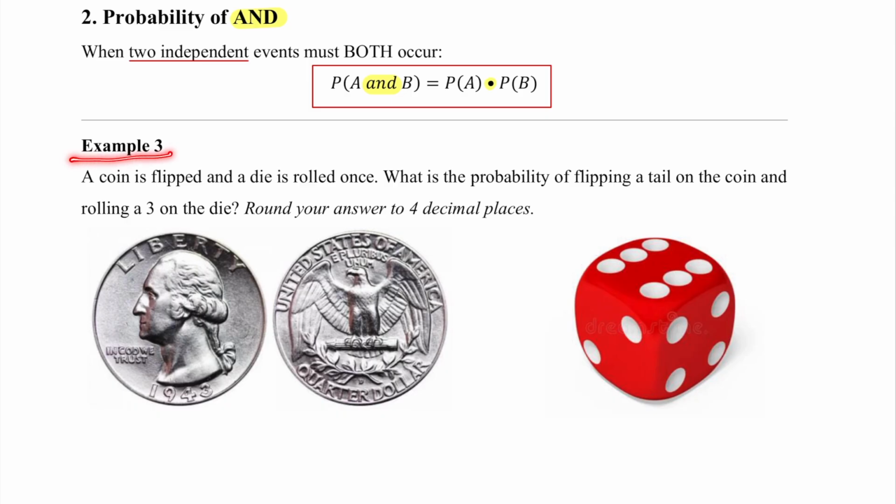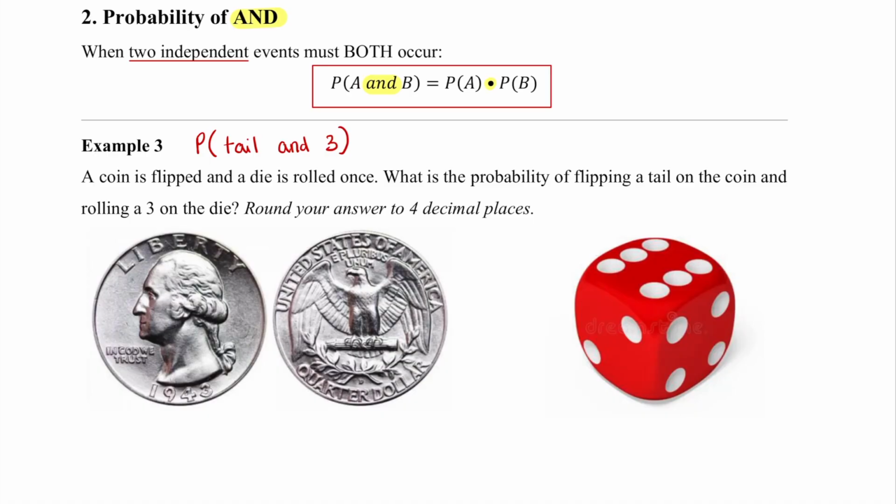Example 3. A coin is flipped and a die is rolled once. What is the probability of flipping a tail on the coin and rolling a 3 on the die? So, we want the probability of getting a tail and rolling a 3.